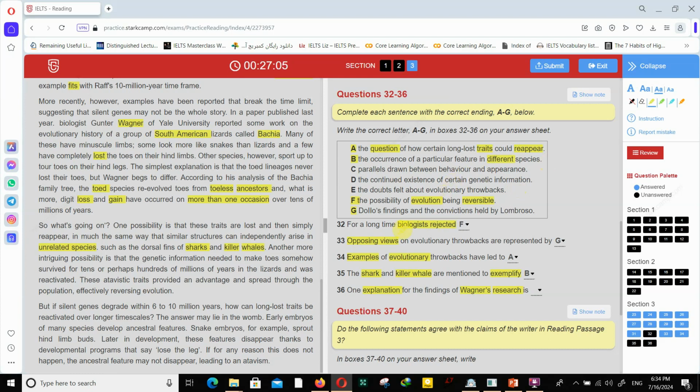Let me just think about it. Here it says that another more intriguing possibility is that the genetic information needed to make toes somehow survived.